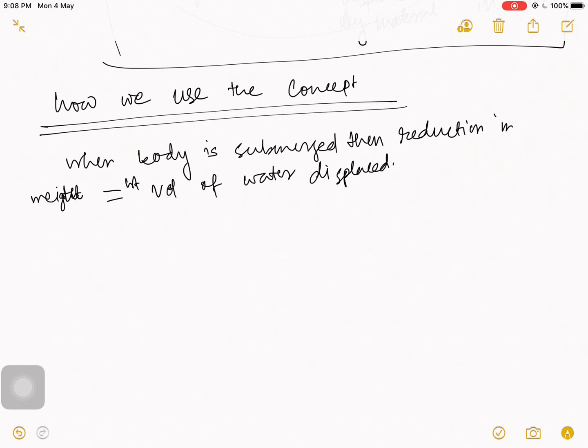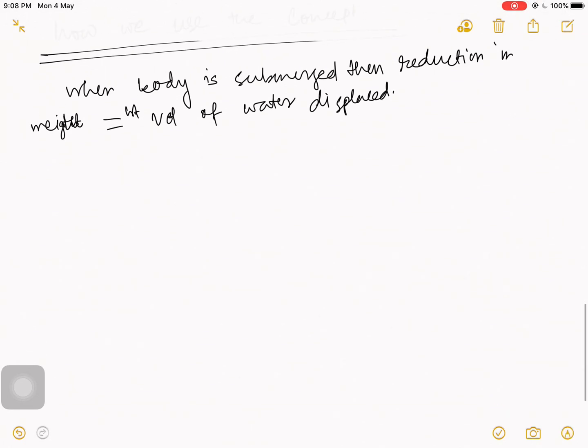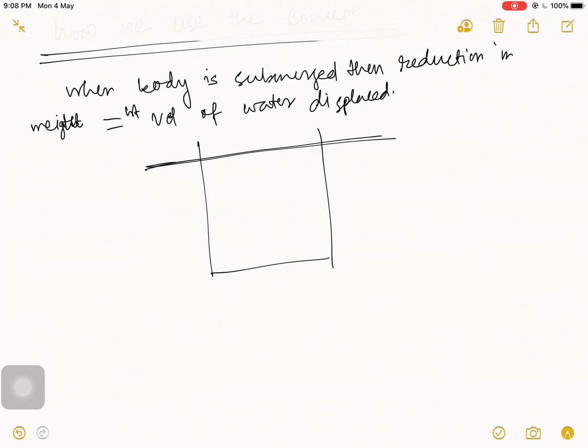We can write it. So what happened? This is a jar, and this is the water level. We put the soil sample here. As we put the soil sample here, the water level rises.